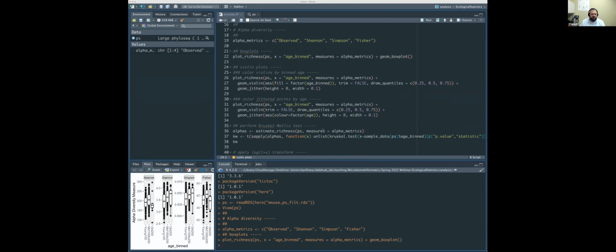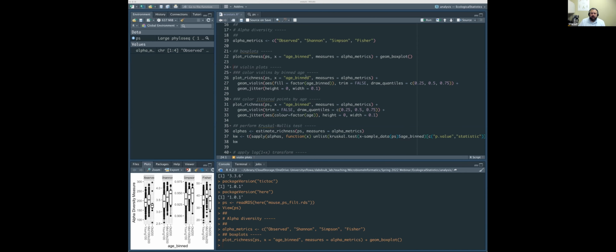I'm not sure how this works over Zoom, but can people see this plot window that has popped up? If not, I will just adjust the frames inside of RStudio. Okay, good, thank you. All right, so I've been told that the plot window is visible.